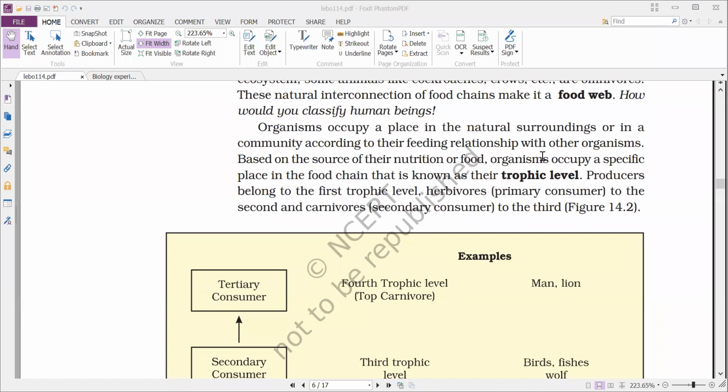So the place where an organism is living mainly depends on the feeding habits or feeding relationship.